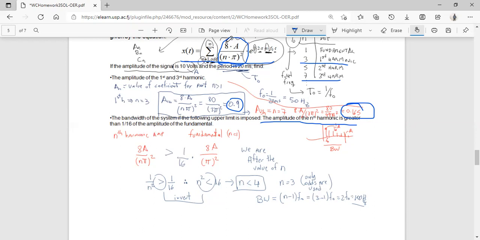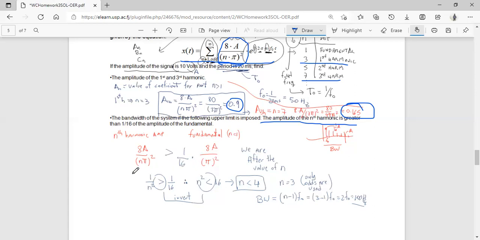Taking the amplitude component, 8 times a divided by n times pi, whole thing squared, should be greater than 1/16 of 8 times a upon the fundamental harmonic, which occurs at n is equal to 1. So in place of n, you write 1, or even if you don't write 1, you still get pi. So 8 times a divided by pi squared.